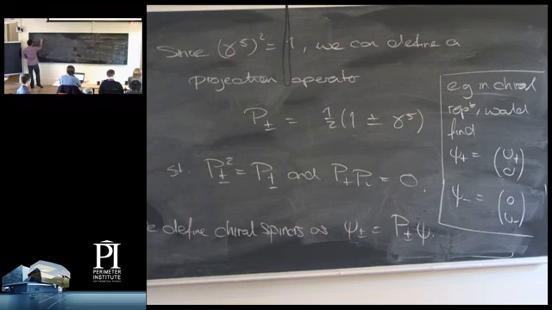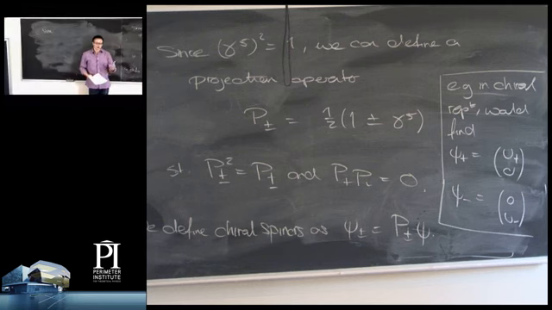So one reason to tell you all this is, in the last lecture, I worked very hard to try and come up with objects which were scalars under the Lorentz group. So you start with psi, which is a spinor, and you want to construct something that's a scalar. And we learned that the thing to do is psi bar psi. Psi dagger psi didn't do it, but psi bar psi did.